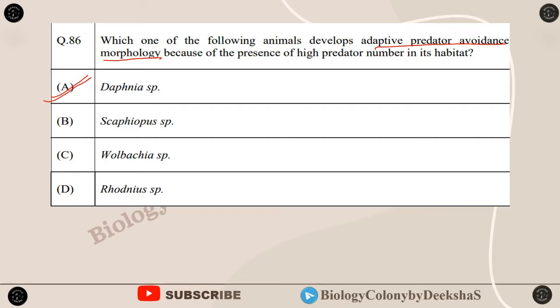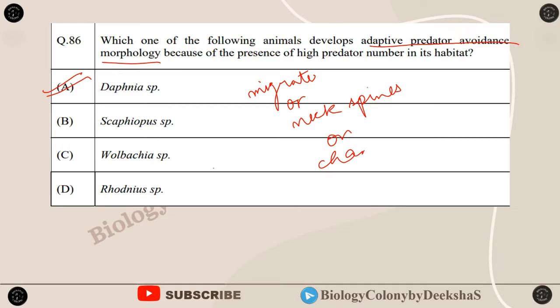It has been observed in this species that they migrate, or they develop neck spines, or change their body size. These are a few avoidance morphologies or adaptations. They were shown by the Daphnia species due to high predator number in its habitat.